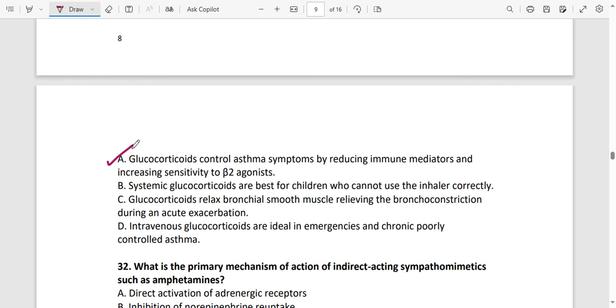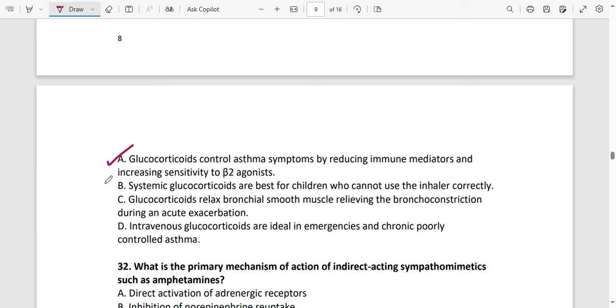This is correct. Glucocorticoids, remember we said that they are the guys that we call preventers or controllers. They actually reduce the immune mediators because you're preventing inflammation. They also increase the sensitivity of beta 2 agonists. If you give your short acting or your long acting beta 2 agonists, they are going to be more sensitive. That's true. For B, systemic glucocorticoids are best for children who cannot use the inhaler correctly.